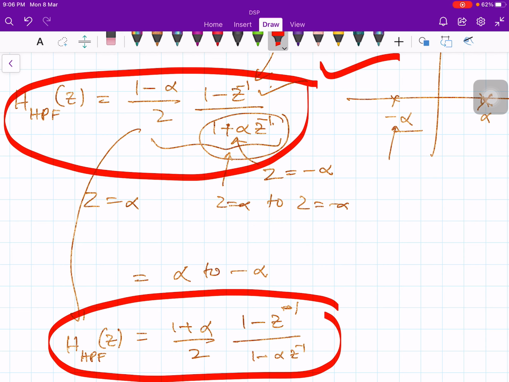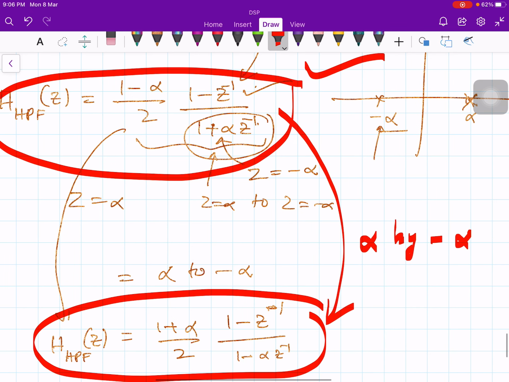What did I do from this expression to this expression? Simply I changed alpha to minus alpha. Why did I do that? Because I don't want to keep my pole at this location. I need to keep it in the same place. That is why I simply replaced alpha by minus alpha in this expression. I get this one.